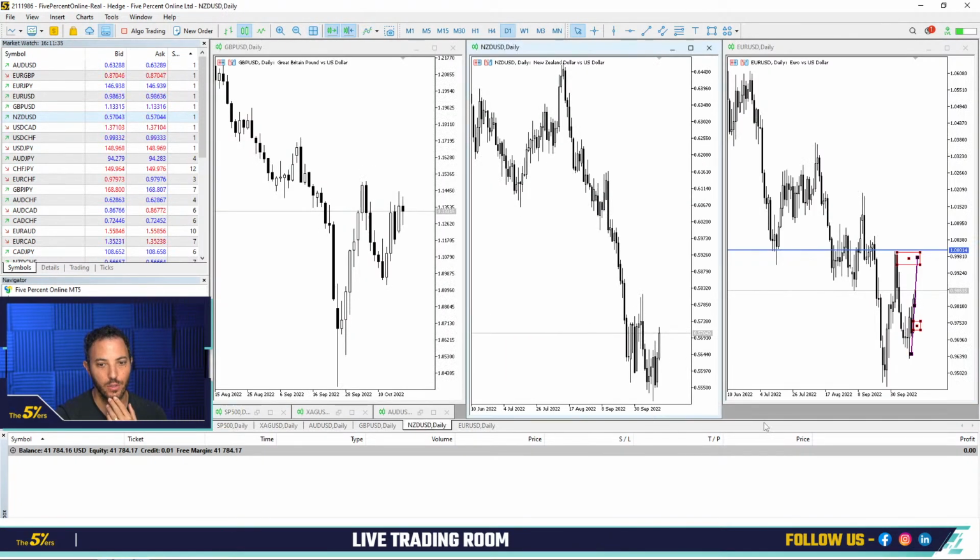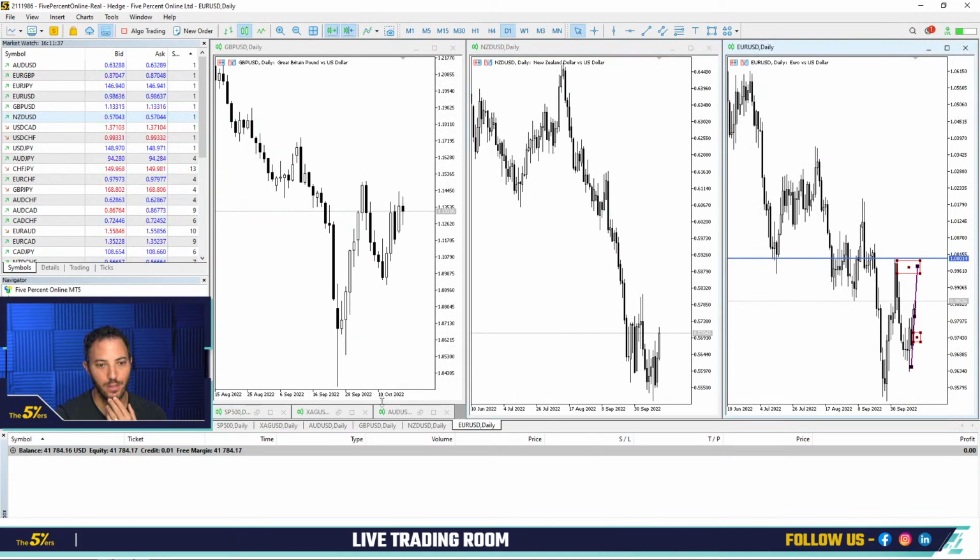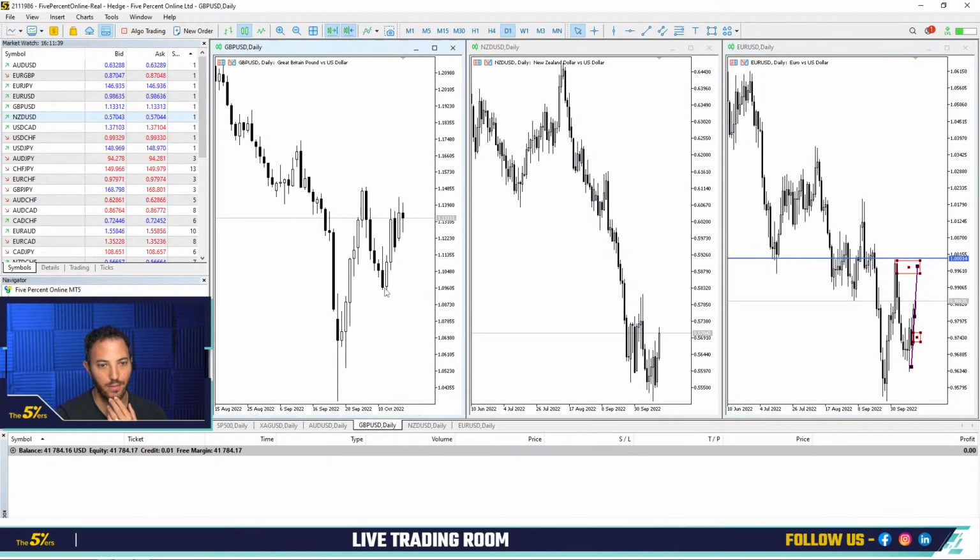Okay, so we see on the pound we have the drop, recovery, pullback, lower high, higher low. Same thing on the euro. Okay, deeper but same thing, and we do not have that on the Kiwi.